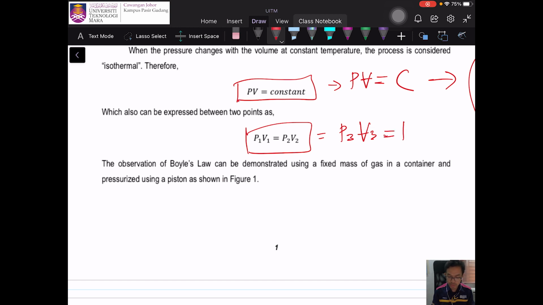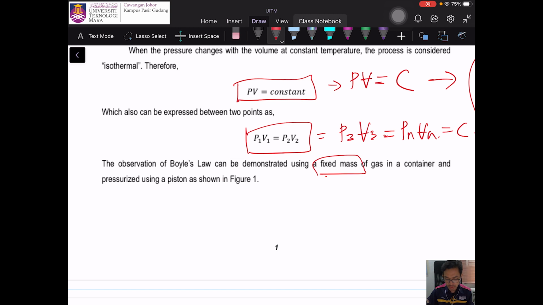So I will just write this as Pn multiplied by Vn equal to a constant value. This is what we call Boyle's law, demonstrated using a fixed mass and a fixed temperature.